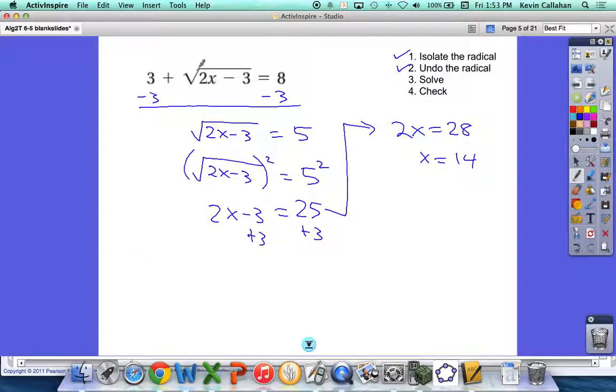Right, so you could check: 2 times 14 is 28, 28 minus 3 is 25. The square root of 25 is 5, plus 3 is 8, so it checks. But again, if it didn't check, it wouldn't be because it was extraneous. It's probably that you did something wrong in the math.